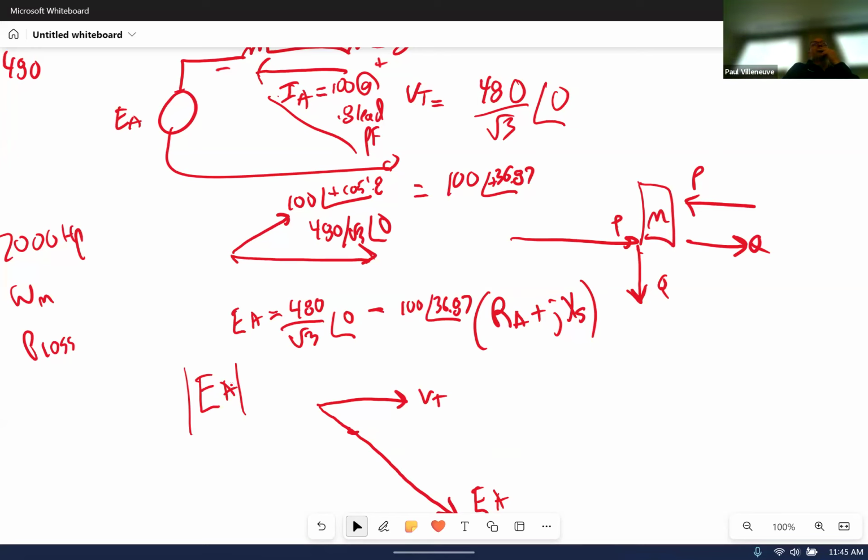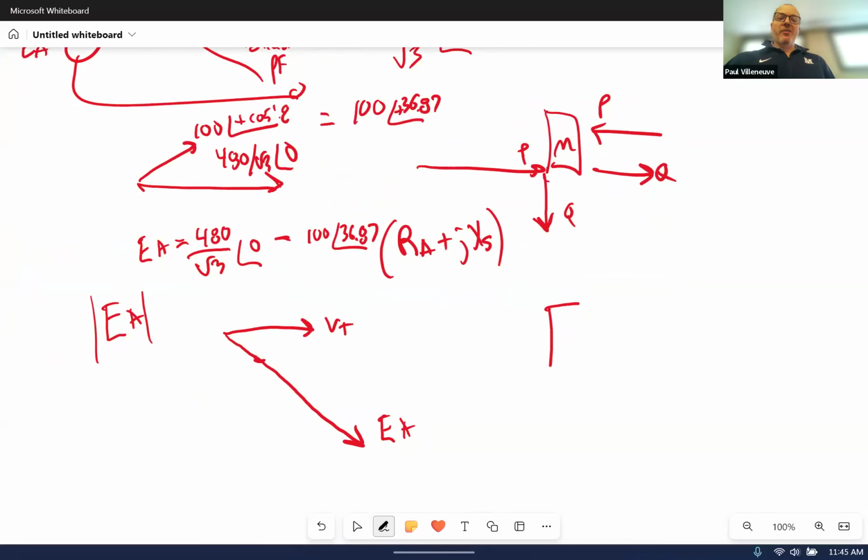Yes, sir. It depends. It depends on the power factor. Because in a leading power factor for a generator, so let's switch it around to a generator. What's the direction of P? What's the direction of Q if it's the same power factor?